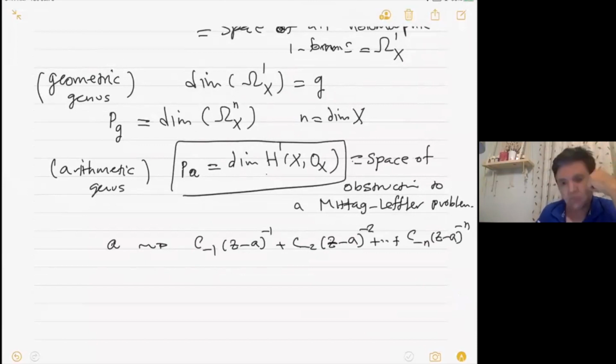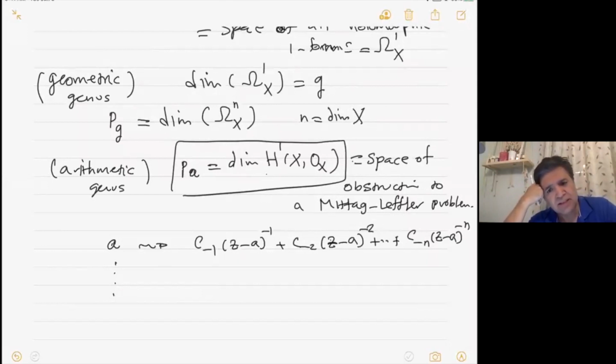And you have it for a finite or infinite number of points. Mittag-Leffler showed that, as long as these points do not accumulate, that is, they are discrete, then you can always find a meromorphic function on C whose singular parts are given by these expressions. That means that if you write the Laurent power series for f around a, the part with negative powers is exactly the one given here.